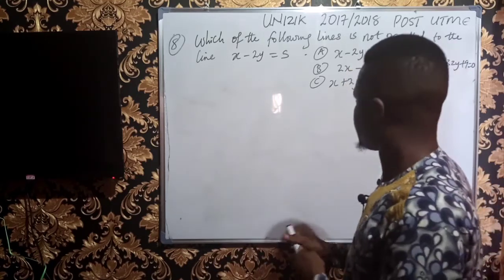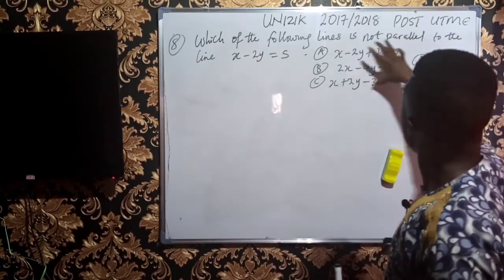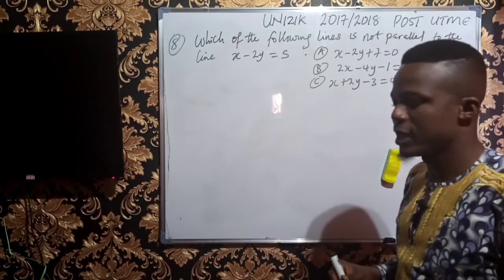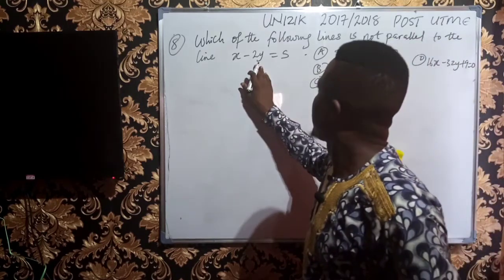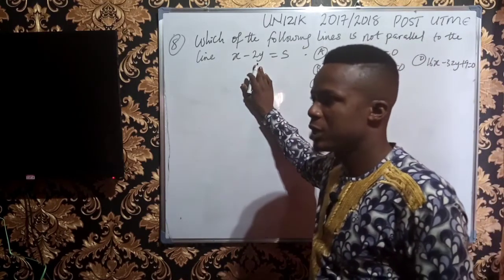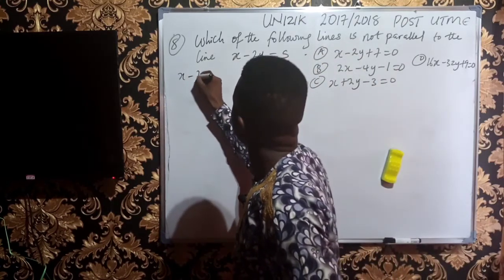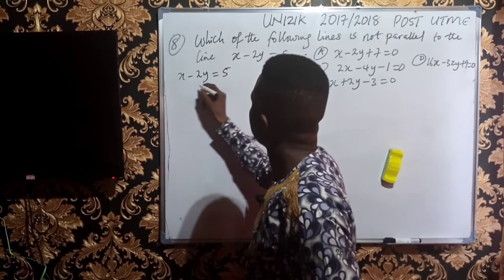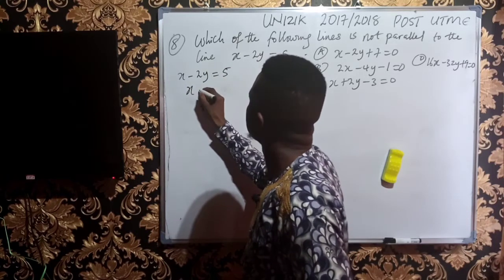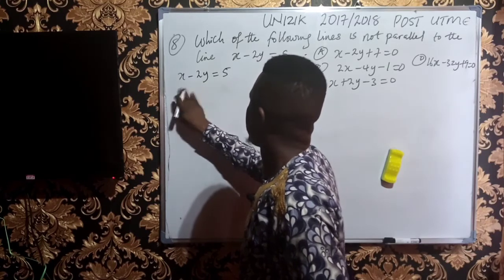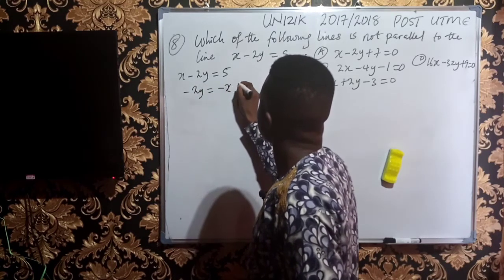All right. Now, to answer this question, we are going to find the gradient of all these lines one after the other, then compare to find the one that is odd. To get the gradient, we must make y the subject of the formula. So from here, we have x minus 2y equals 5, which means minus 2y equals minus x plus 5.